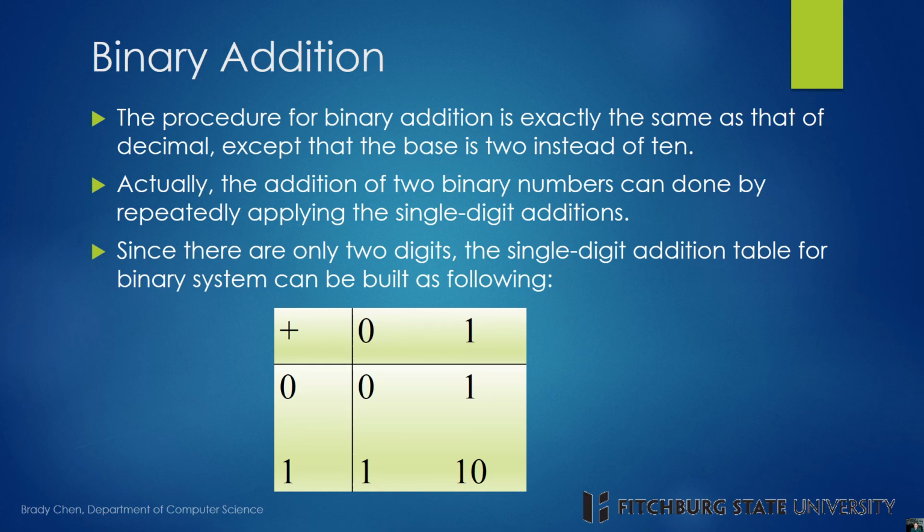Because in our daily life, we use decimal numbers, as we get used to them. But the computer system uses binary numbers. Remember, computer systems use electronic devices, which are designed to process binary numbers. So that's the reason why we want to study the binary numeral system.